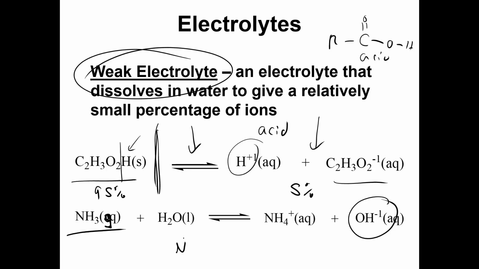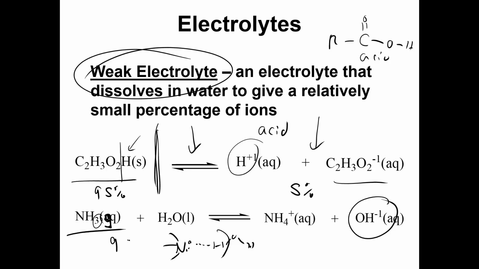Okay, so you could have a nitrogen with 3 groups, and it doesn't have to be hydrogen, that will react with water, attach to that proton and rip it off to form the hydroxide, but it doesn't do that to a large extent.